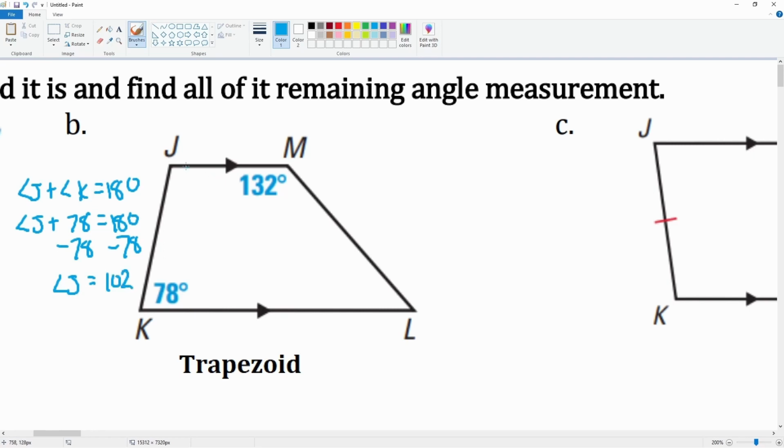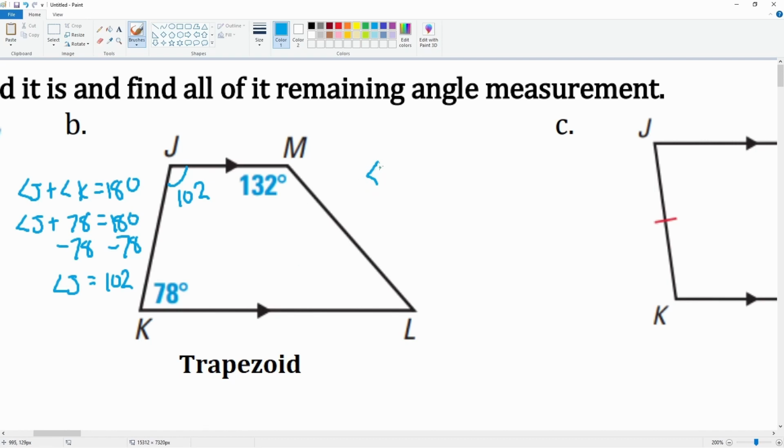So we know that this is 102. Then we know that angle M and angle L have to be supplementary. Is this right? Hold on. Let me double check this. Okay, so that's 102. Good.